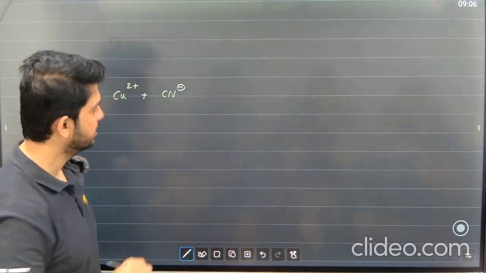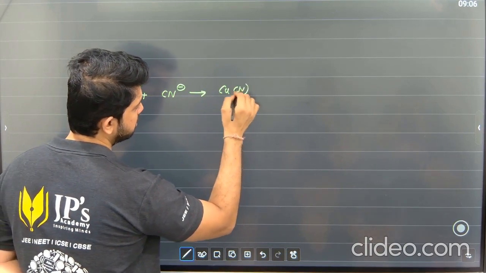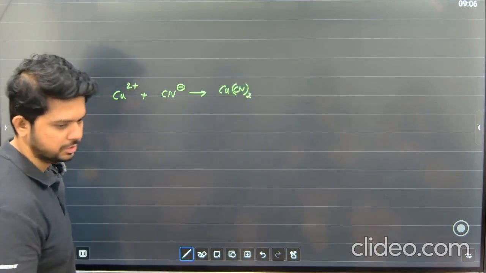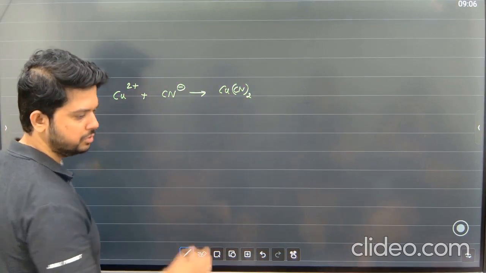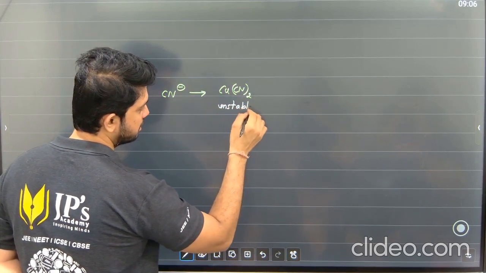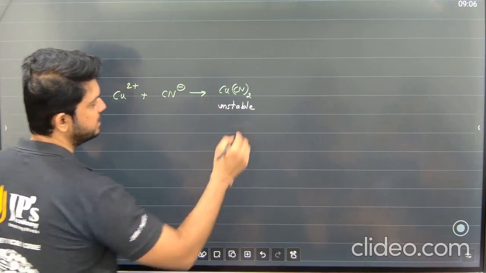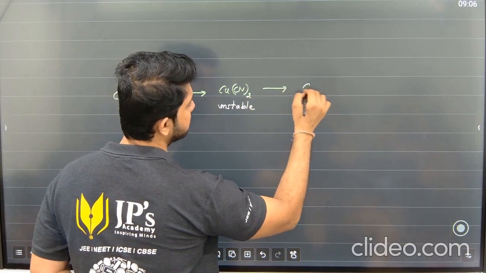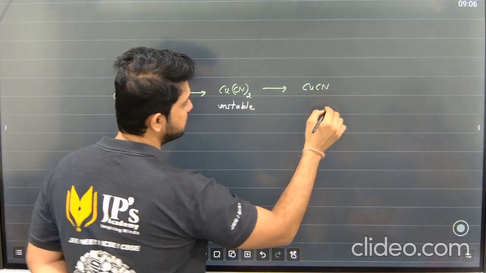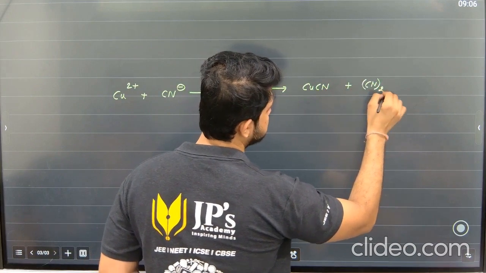What we get here is Cu(CN)2. Now Cu(CN)2 is unstable, and this breaks down into CuCN plus (CN)2 gas.